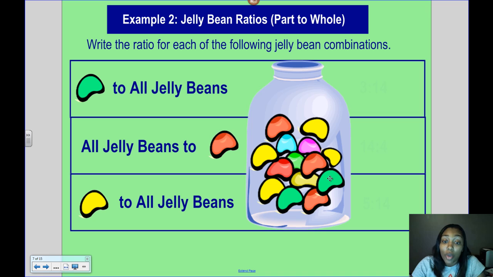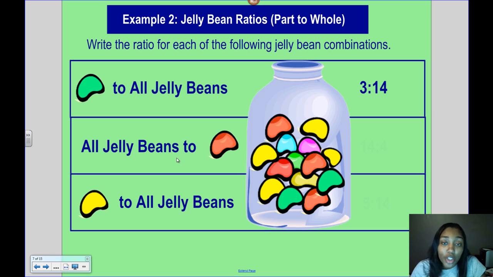So we count and we know we have 3 green jelly beans. Then the next step is to count how many total jelly beans we have. And we have 14 total jelly beans. So the ratio would be 3 to 14. And we showed it in symbol form. So this would be a part to whole because we're comparing the part of the group to the whole group.